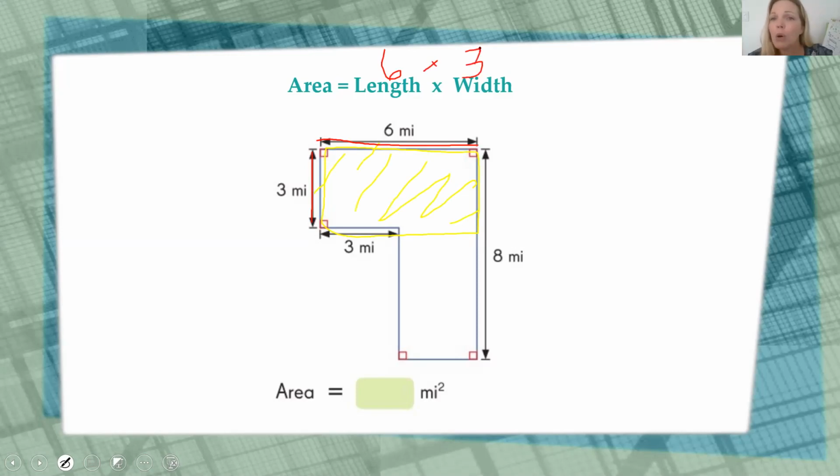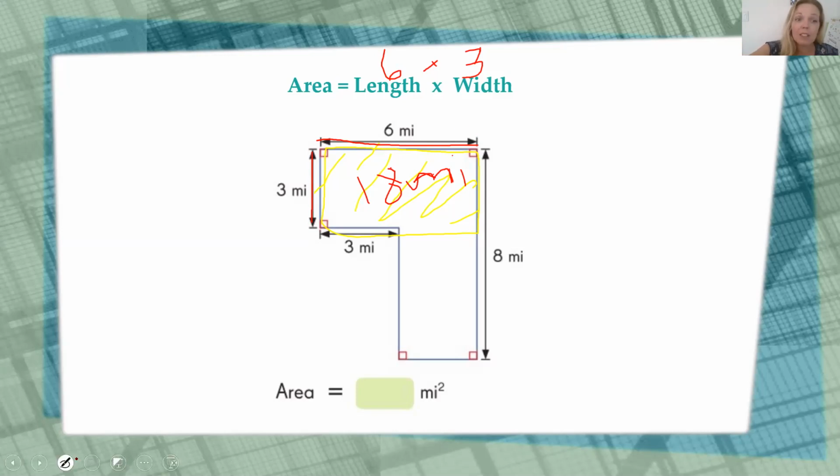The area for this yellow rectangle would be 18 miles squared. Let me write that down legibly so you can read it. 18 miles squared is the total for the yellow rectangle.